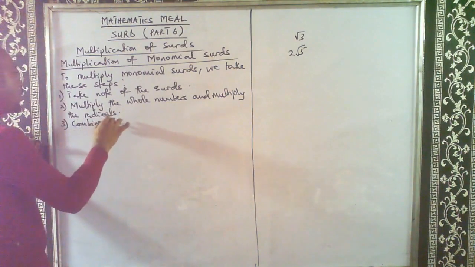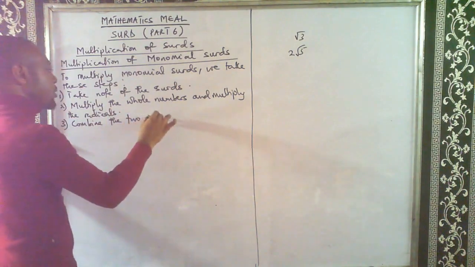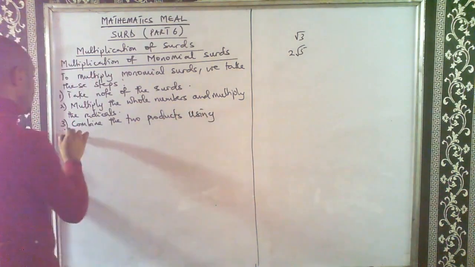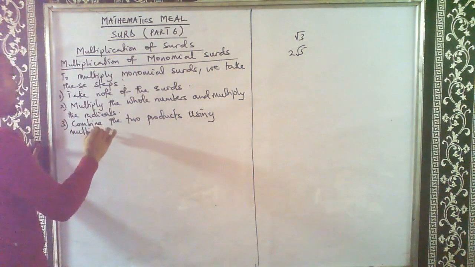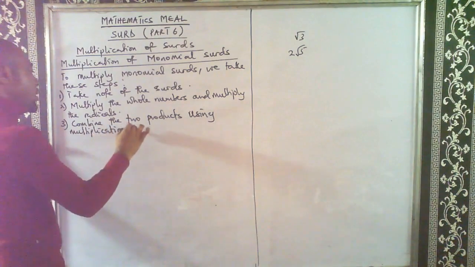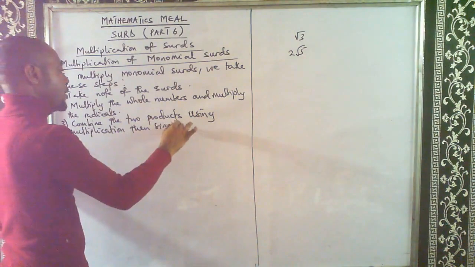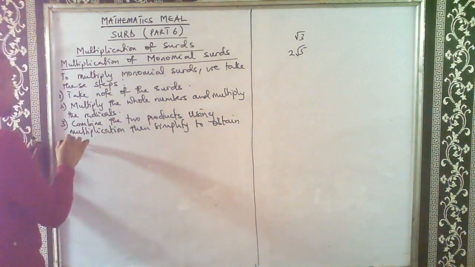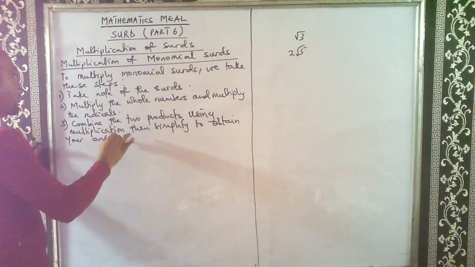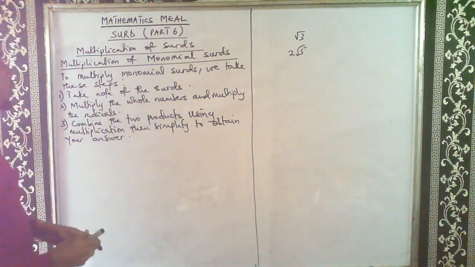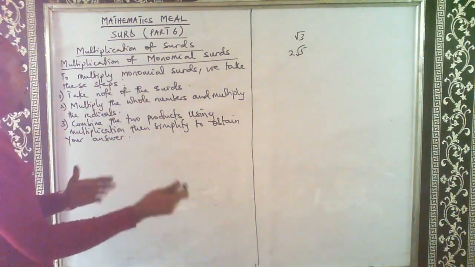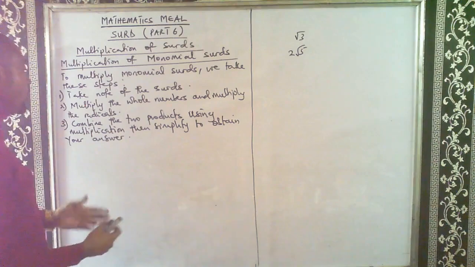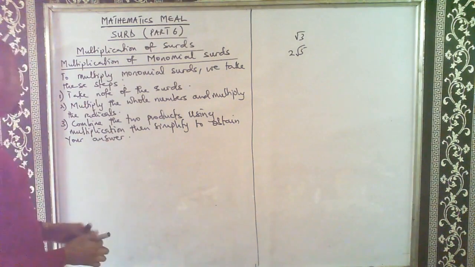Combine the two products using multiplication. Then simplify to obtain your answer. Just simple steps: take note of the surds, multiply the whole numbers, and then multiply the radicals. Then combine the two products using multiplication. Then simplify to obtain your answer.